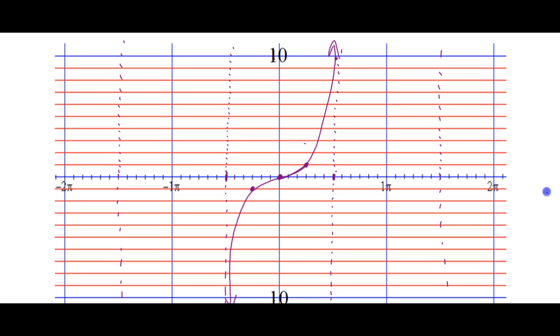And what happens at pi? What's the tan of pi, or negative pi? Yeah, 0. Or what's the tan of 2 pi, or negative 2 pi? Okay, and then if I go 1, 2, 3, that's 1, and 1, 2, 3, negative 1, we've got the same deal going on.